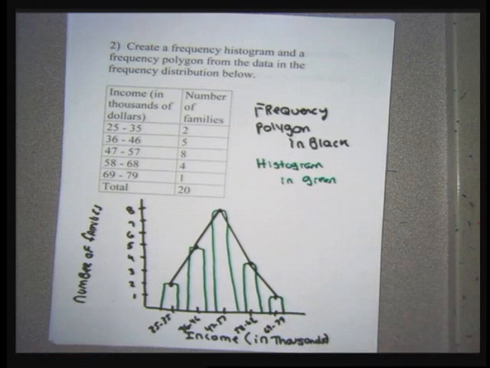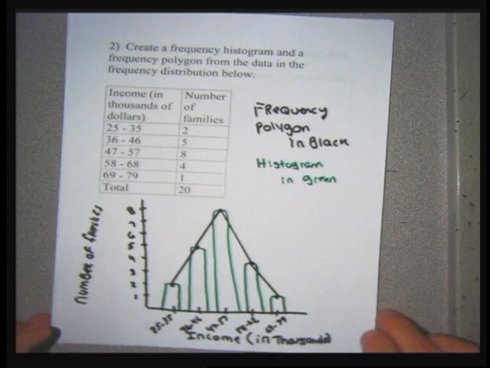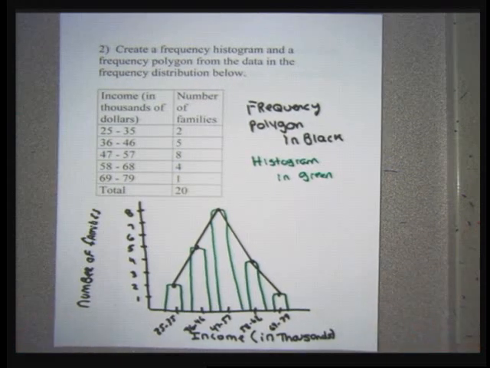So there is one graph that has both the histogram and the polygon. Like I said, if I'm going to do both on the same graph, I usually do the polygon first, but I imagine you could make a histogram first and the polygon second. That would be completely fine. But that's kind of what I'd expect to see on the test question that asks you to make a frequency histogram and a frequency polygon.